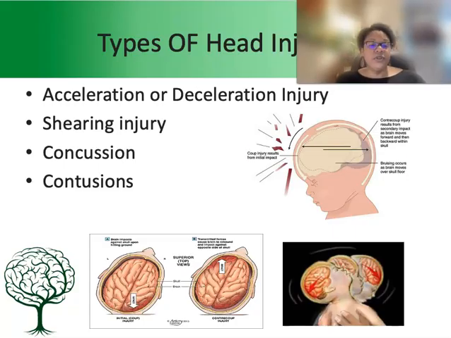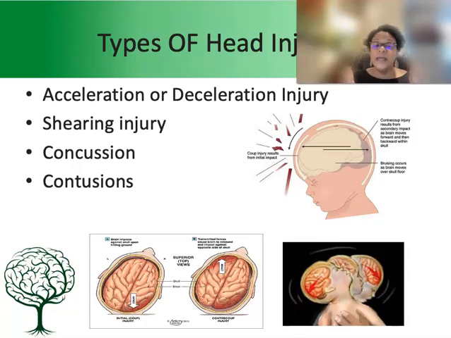A shearing injury is caused by unequal movement at different rates of acceleration. Okay? So this can cause tearing of the arteries and results in possibly some hemorrhages, and it can cause some really deep cellular damage within the brain. A typical thing that we see this in is when somebody has shaken baby syndrome, or something that is so violently shaking them that they have a shift everywhere.